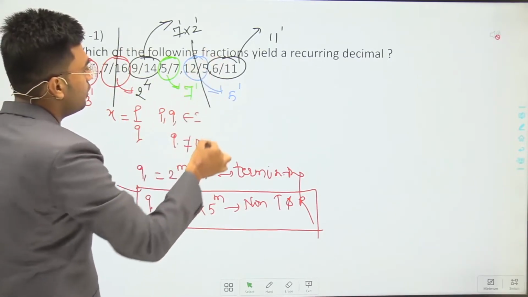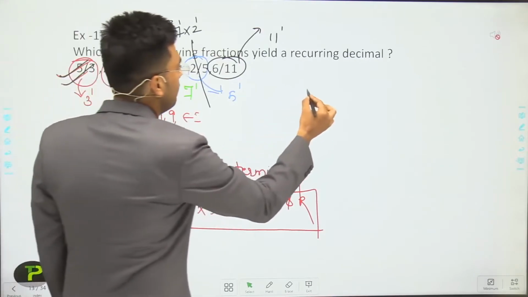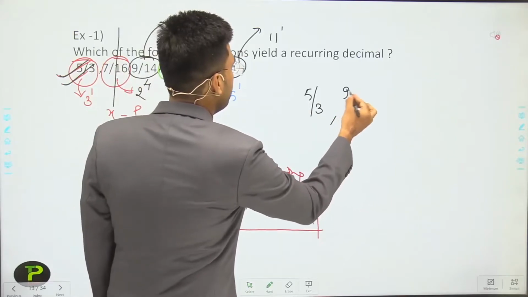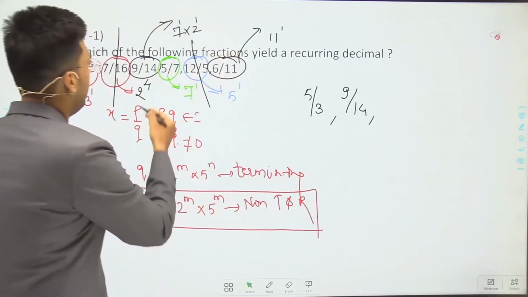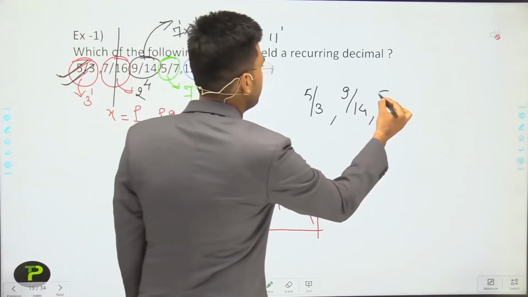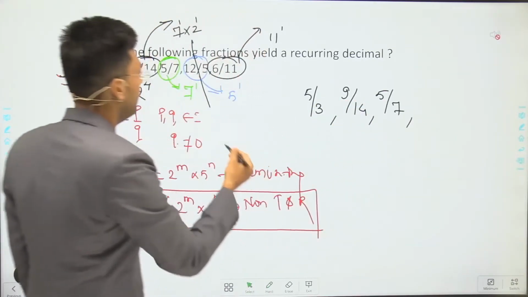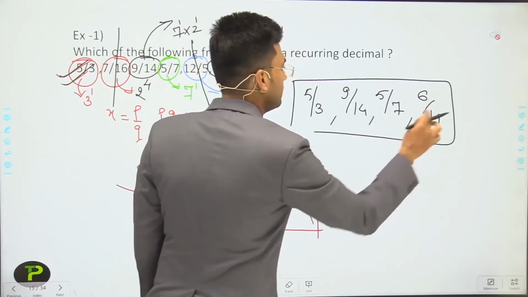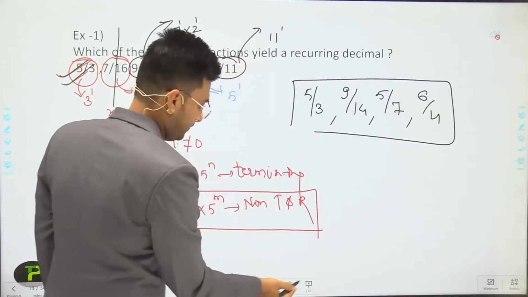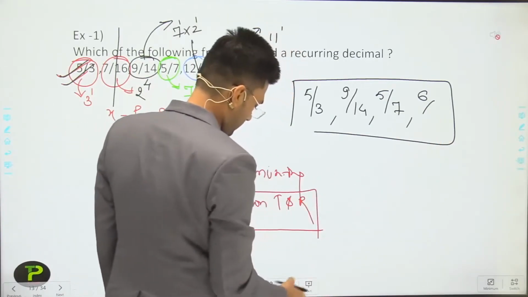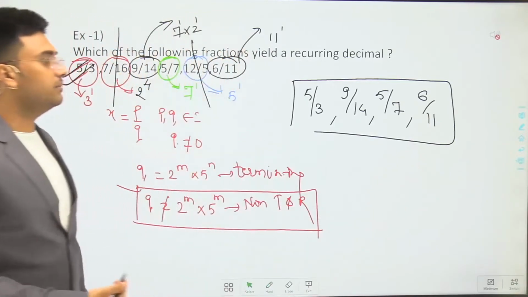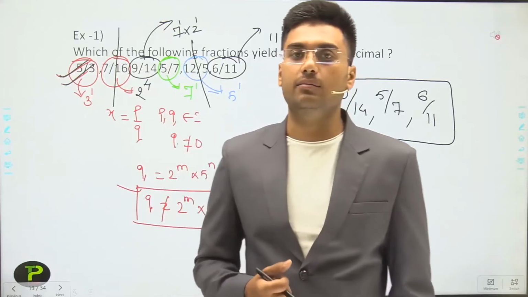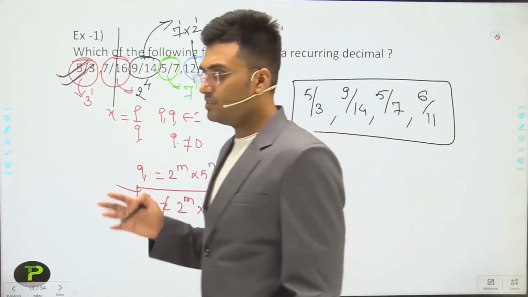So the answer is 5 by 3, 9 by 14, 5 by 7 and 6 by 11. These are the numbers which show recurring decimals, or we can say which yield recurring decimals. So this is the first example.